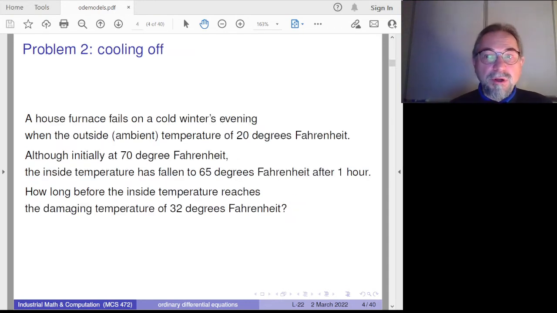The second problem, now that spring is arriving, is a little bit less scary. So it's a very cold winter's evening, and those evenings are now past us. It's beginning of March. So the outside temperature is well below freezing. Our furnace fails, and we see that after 1 hour, the temperature has dropped by 5 degrees Fahrenheit.